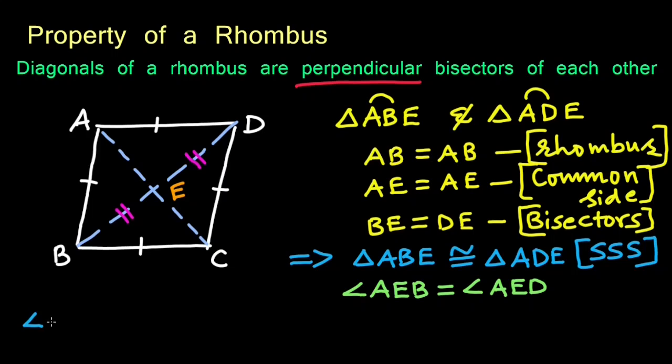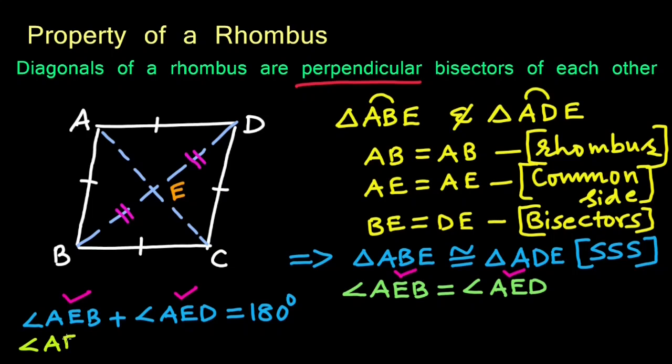So we write angle AEB plus angle AED equals 180 degrees, but angle AEB equals angle AED. So in place of AED we can write angle AEB. So we write angle AEB plus angle AEB equals 180 degrees.